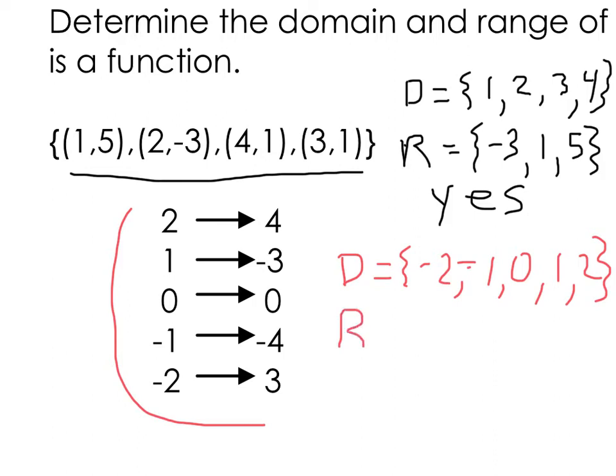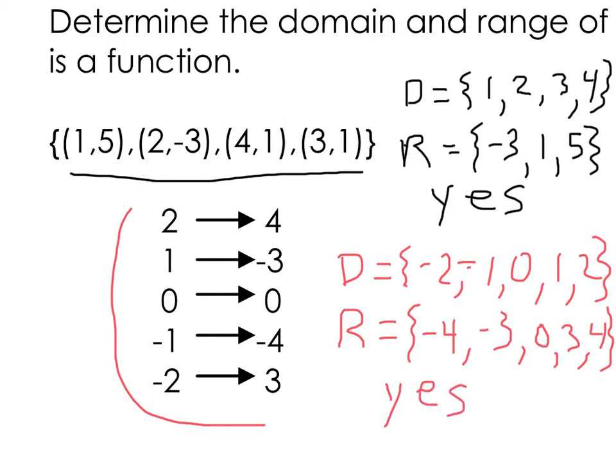Our range, all possible y values, -4, -3, 0, 3, and 4. Is it a function? For every x, is there one and only one y? Yes, it is a function.